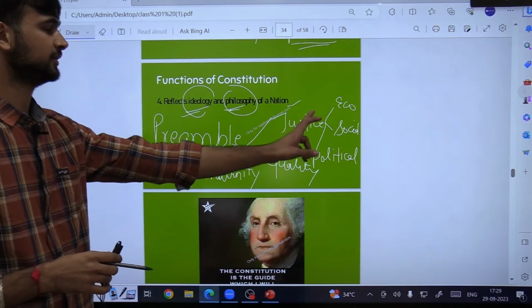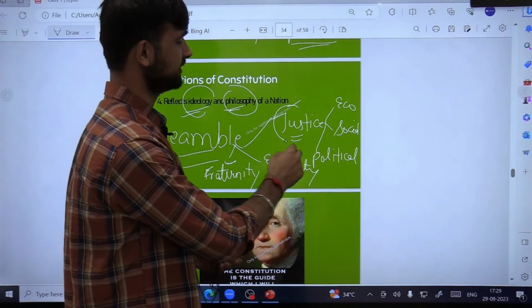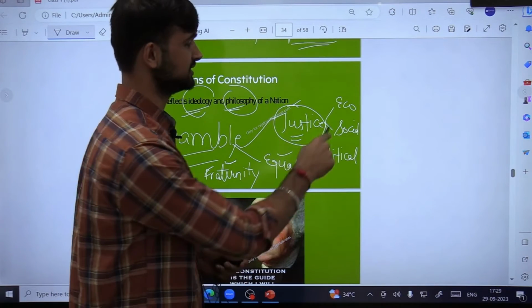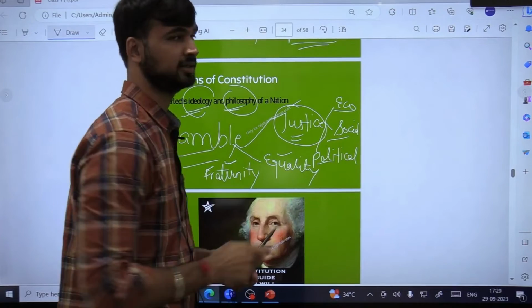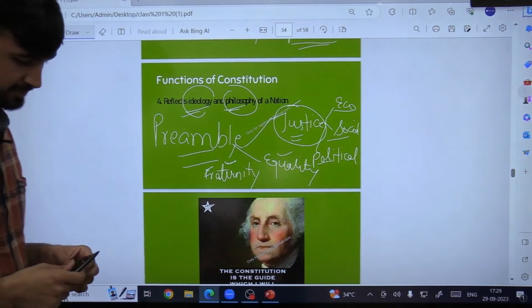Okay, justice. Questions can also be asked on which types of justice are mentioned in the preamble. So only three types of justice: economic, social, and political. Okay, you need to focus on these words, specifically in Indian polity.